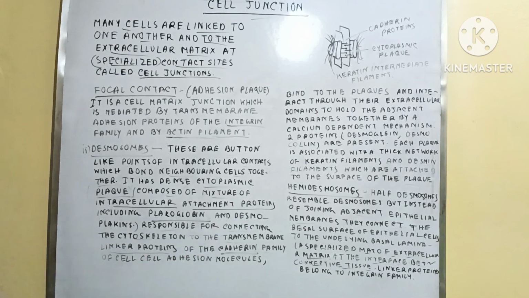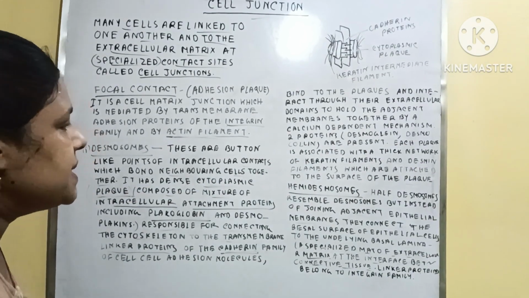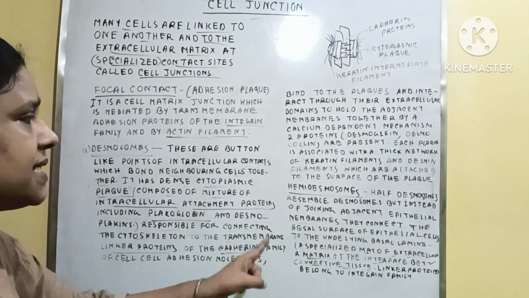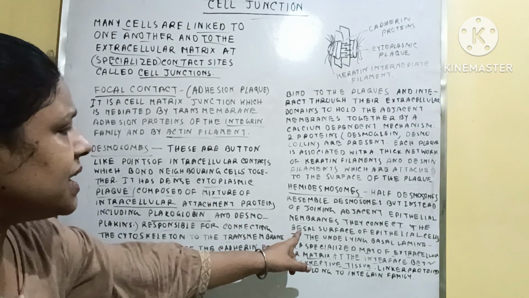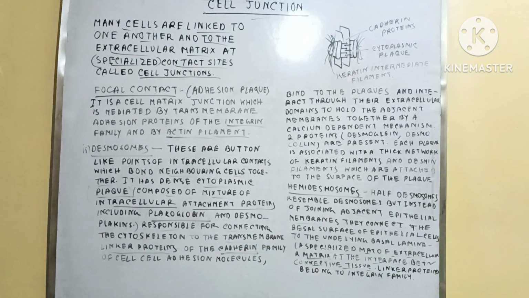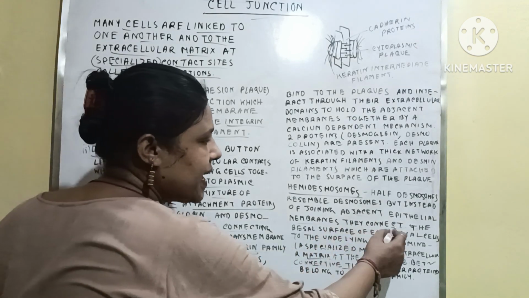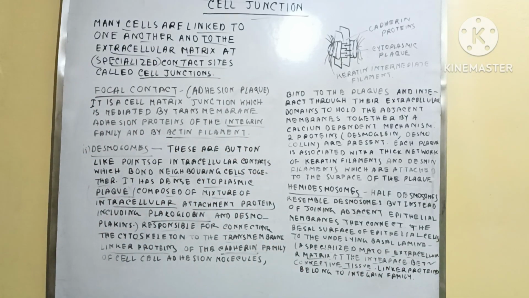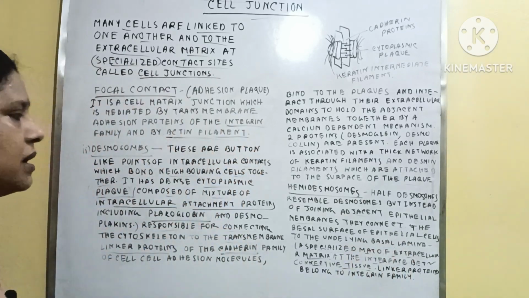So what type of joining is that? These just look like desmosomes, but here the joining is not between adjacent epithelial membranes. Where? At the basal surface. So the basal surface of one epithelial cell is connected with the basal lamina.